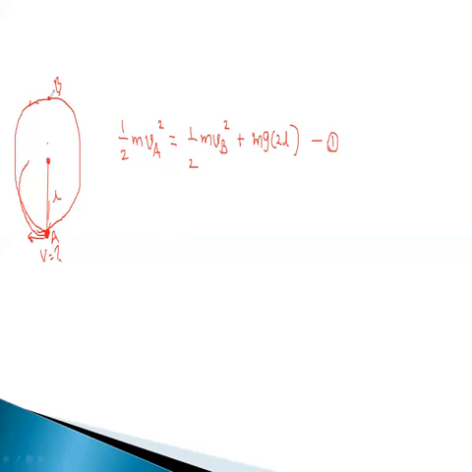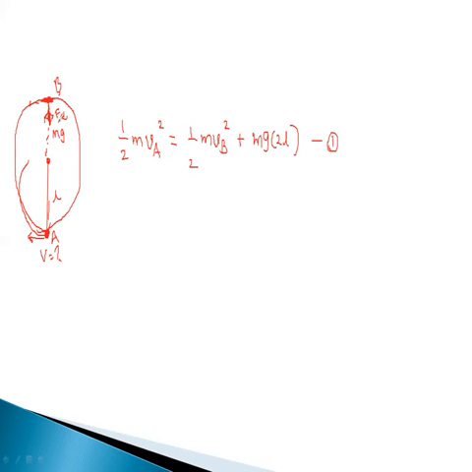And also, to complete a rotation, the condition at the minimum velocity is: what are the forces acting in upward and downward directions? In the downward direction, mg is acting. In the upward direction, electrostatic repulsive force is acting because these two are similar charges.